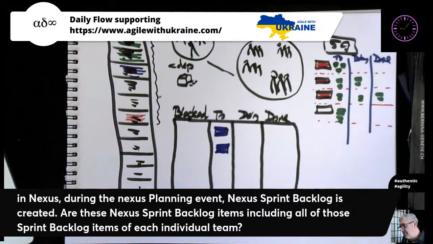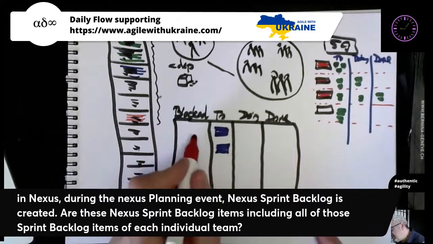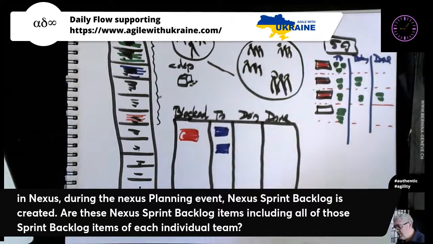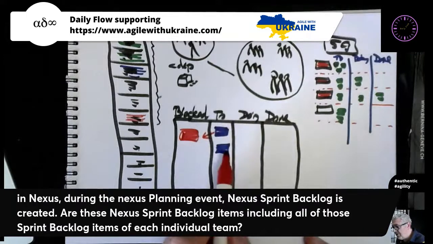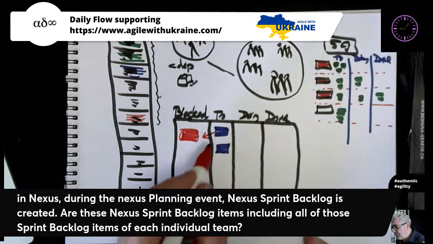Maybe they can start, but maybe this red item here can't start because of a dependency on another item. And so normally what they do on a Nexus Sprint Backlog or on a dependency board is you'd show some kind of direction arrow showing what's depending on what. But in this case, that wouldn't be the case because this has already got in progress.